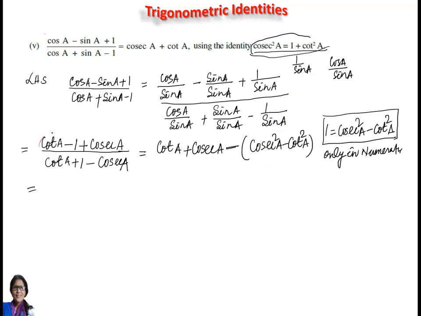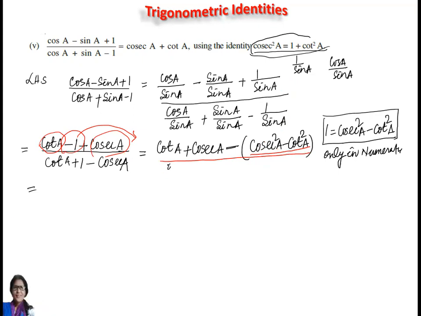What I do, I did cot A cosec A I took together, and this minus 1 I took to the right side, and here I am applying cosec square A minus cot square A for 1, and no change in the denominator as it is.